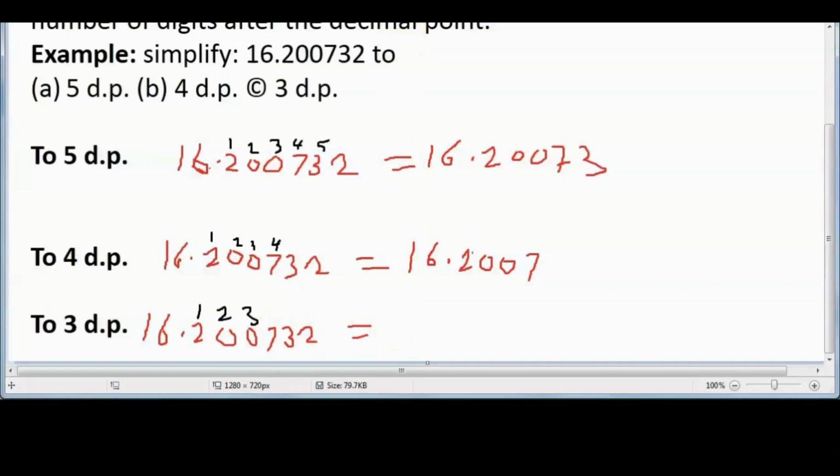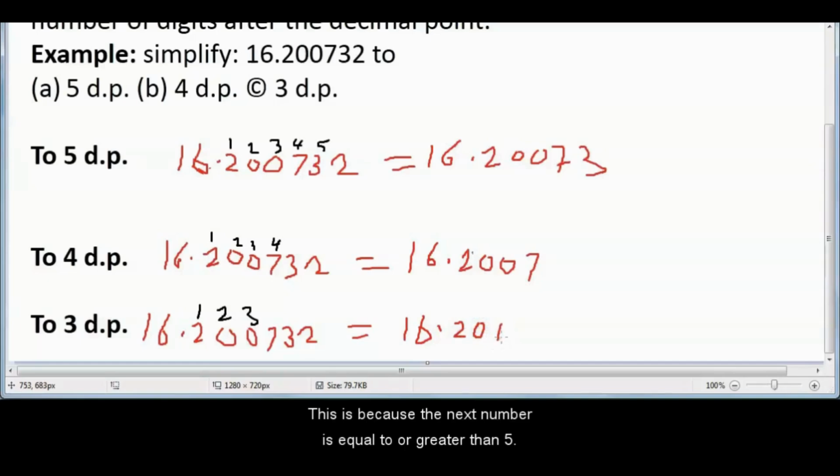So it's going to be 16.201. Once again, notice that the third 0 changes to 1. This is because the next number is equal to or greater than 5.